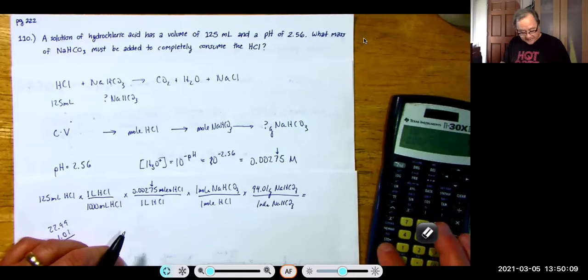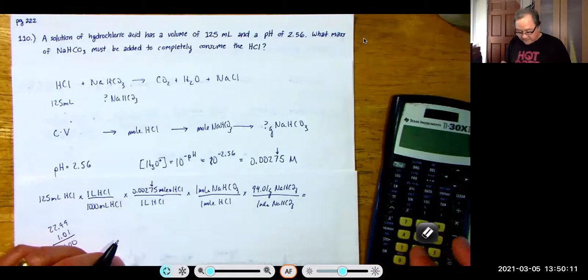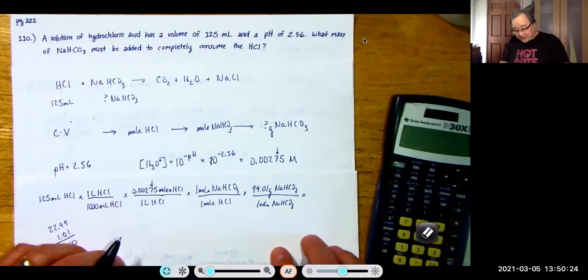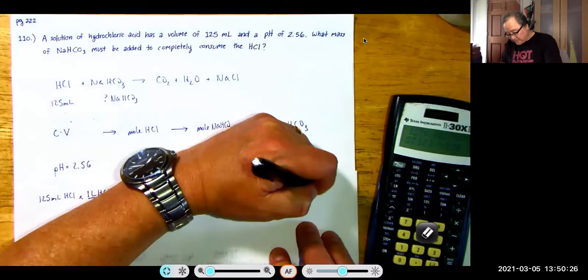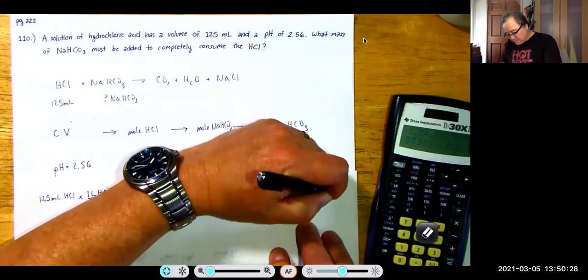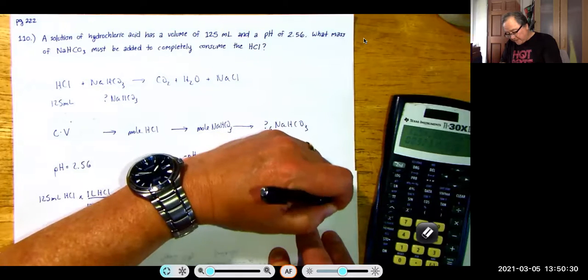So let's see what we get. 125 times 0.00275 times 94.01 divided by 1,000, and we get 0.032 of sodium bicarbonate.